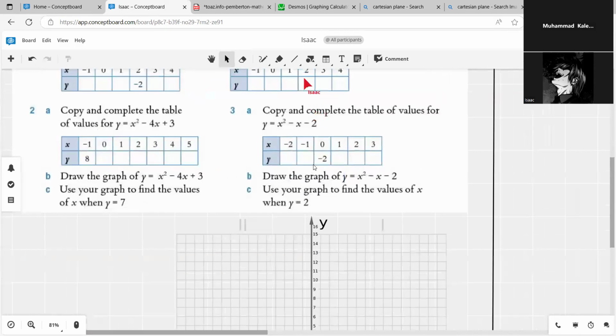You can do rough work on your notebook if you want, or here, it's up to you. Let me check.